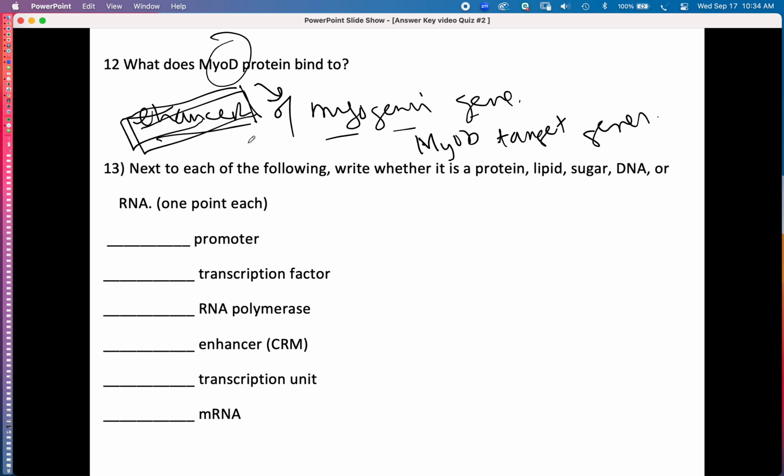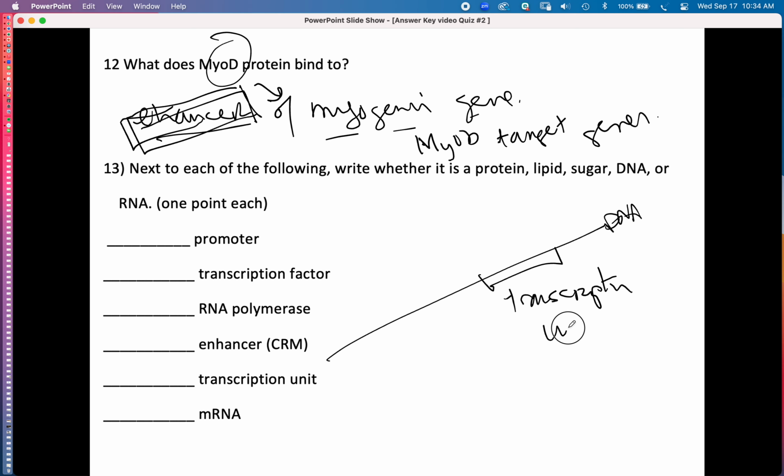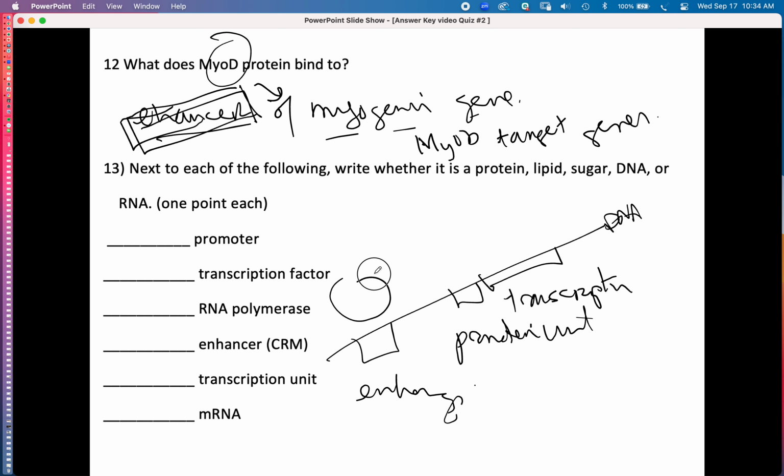And so then these. So when we draw a gene, we say, well, that's the DNA, and these are things that are DNA. Transcription unit is, the promoter is, the enhancer is. These are things that are not DNA. The transcription factor, it's a protein.